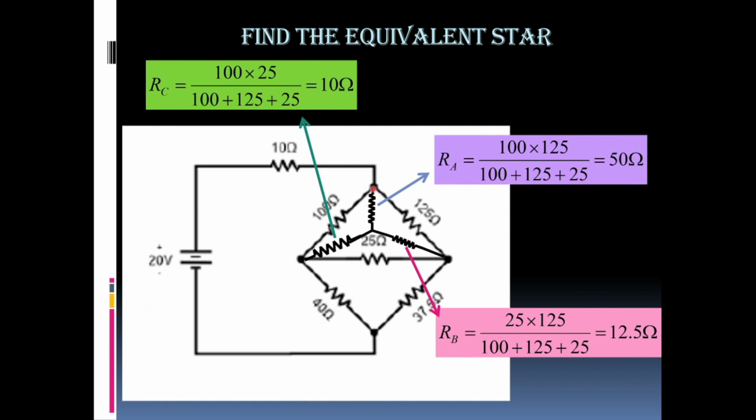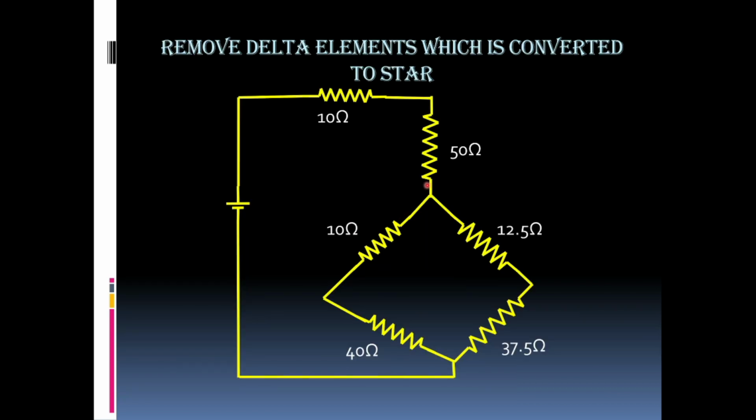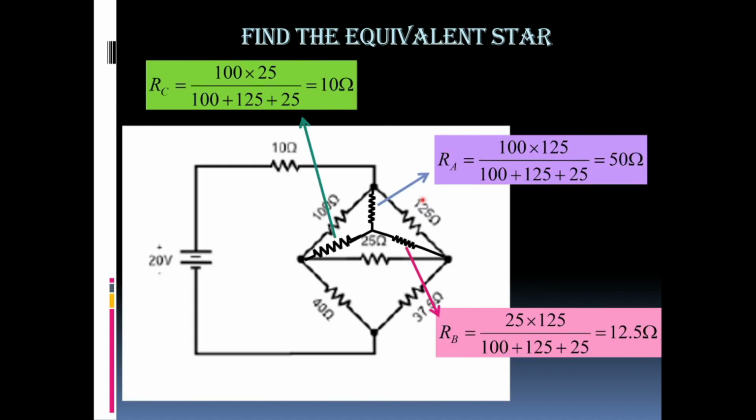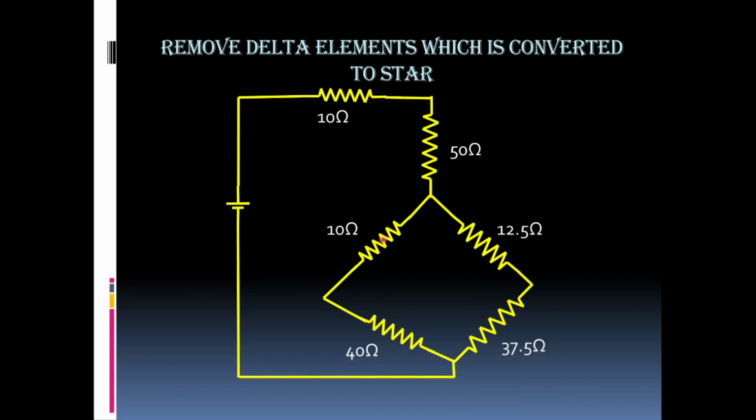Now that we have found the resistance values for all three resistances in the star connection, we can remove the delta element and put the star connection itself. Like it was here, you just have to remove this 100, this 25 and this 125, and the remaining stays the same. So we have removed those, and here's the star connection that we found.